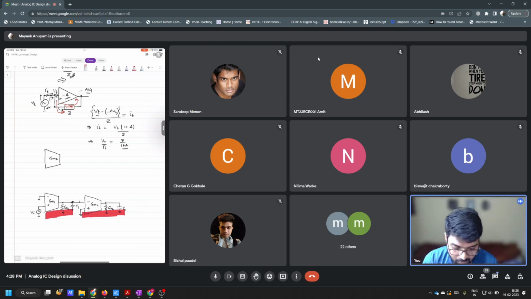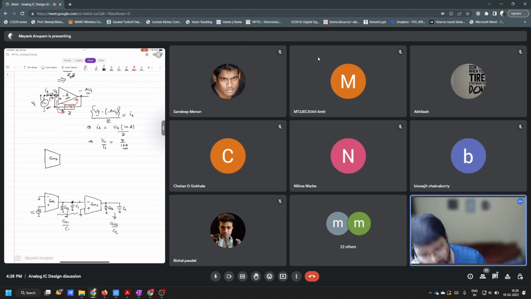But the problem with this amplifier was the two poles. One was go1 by c1, and the other pole was at this node, which was go2 by cl. Correct? And now these two poles might be very close to each other, right?